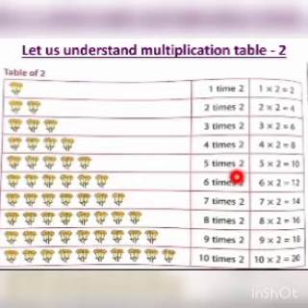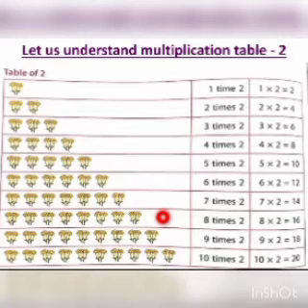5 times. They are repeated 5 times 2. 5 twos are 10. Here 6 times repeated. 6 times 2. 6 twos are 12. Next, we have in each set 2 flowers. We have 7 sets. 7 times 2 or 7 twos are 14.